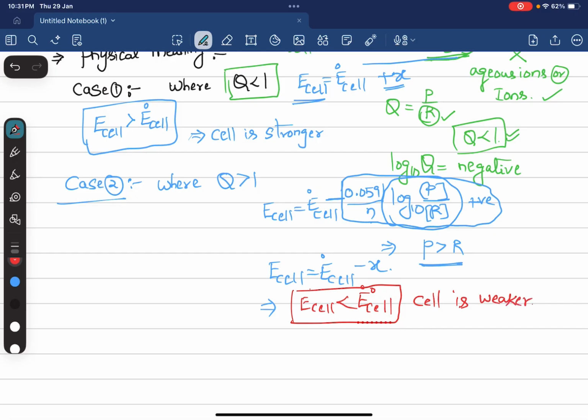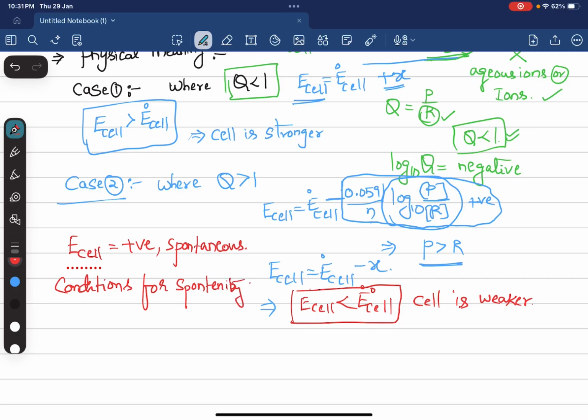here, if the E cell value is positive, if it is more positive, the process is more spontaneous. Why is it like that? Because of the conditions for spontaneity. If E cell is positive, then delta G will be more negative.